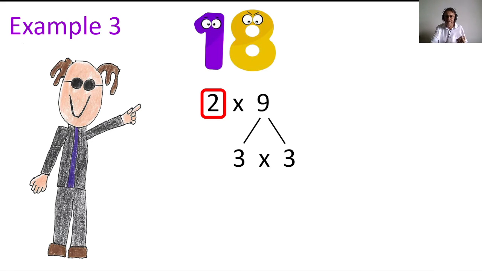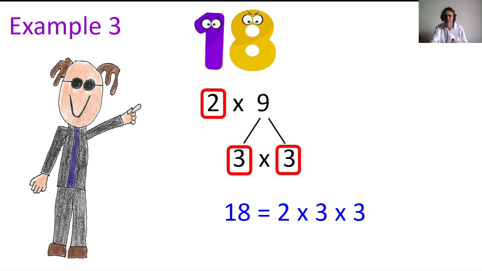It's 3. So the equation is 3 times 3. Now, is 3 a prime number? Yes, it is. So we circle both 3's, or box in both 3's. And the prime factors of 18 are 2 times 3 times 3. Got it? Yes?